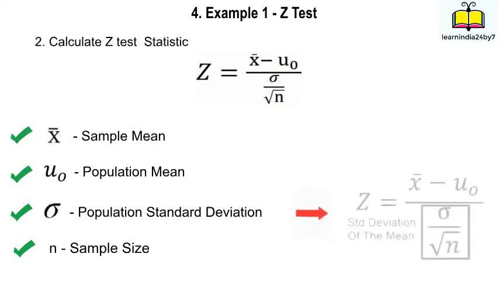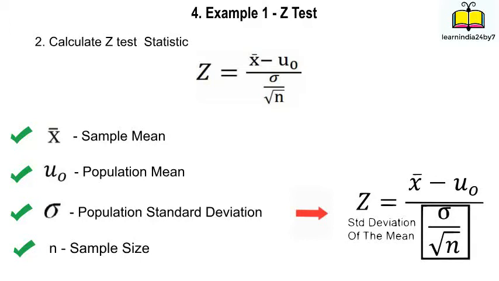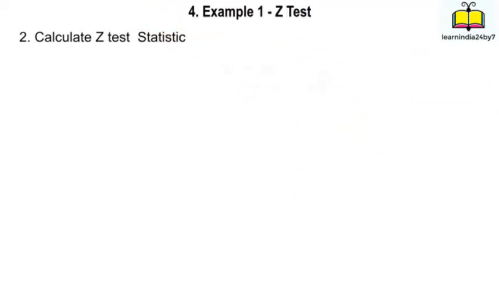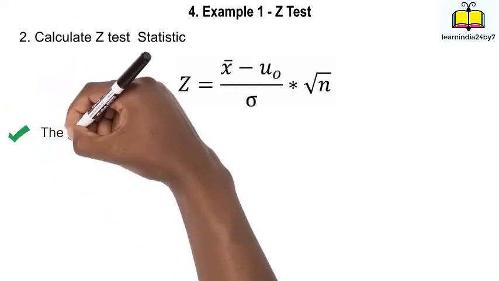If you recollect the example of rolling dice, this is the equation we derived for the standard deviation of the mean. To avoid the fraction within a fraction, let's pull the square root of n from the denominator to the numerator. With this, the equation becomes like this. From this equation, it is very clear that the larger the sample size, the larger the Z value.